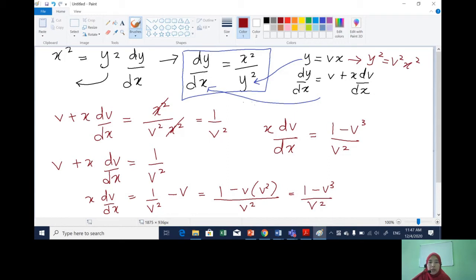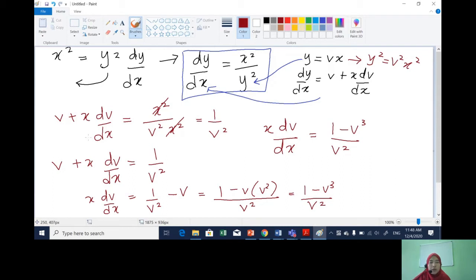The one in the blue box here, we see that the function is in terms of y and x. After we do the new transformation in terms of v, x, and dv, dx, we see that in the new form there is no more y, so everything is in terms of v and x.